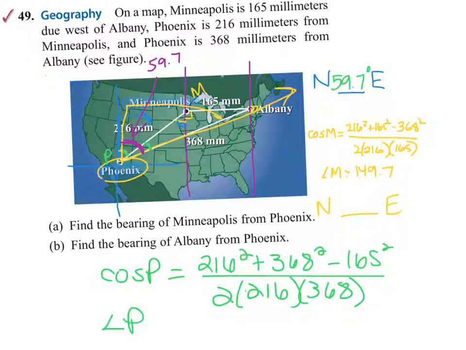So angle P is 13.07. That's what's happening inside the triangle here. So I would add that to the 59.7 to get the entire bearing, which is 72.14.